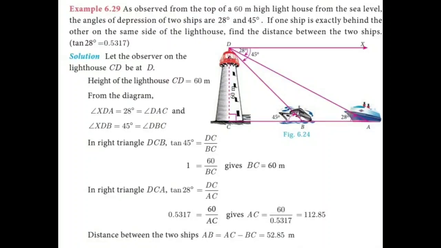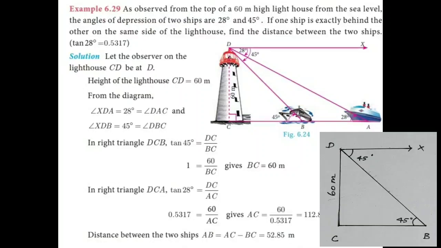Then angle XDA is equal to angle DAC is equal to 28 degree. Here alternate interior angles are equal, so both angles are equal. And also angle XDB is equal to angle DBC is equal to 45 degree. Here also alternate interior angles are equal.